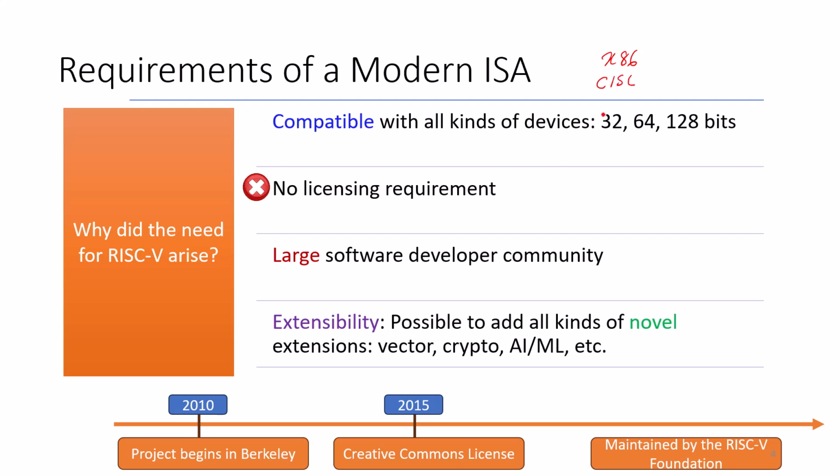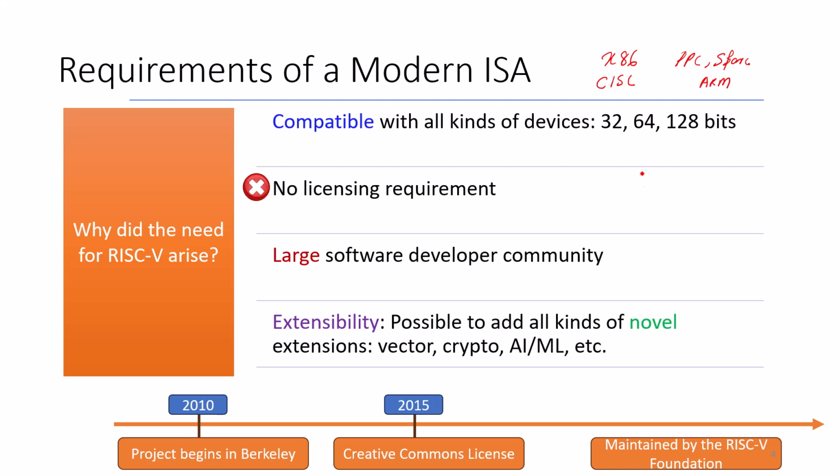It had all CISC features. Then you had a bunch of RISC ISAs starting from the PowerPC ISA, UltraSPARC for Sun. Then of course you have ARM, which is very common.